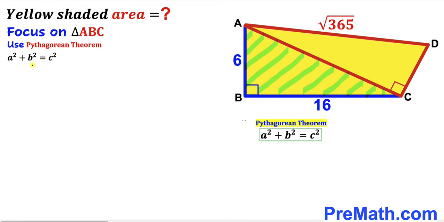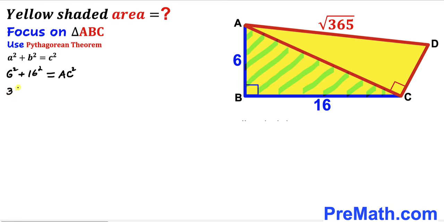So we get 6 square plus 16 square equals AC square. Simplifying, that gives us 36 plus 256 equals AC square. So AC square turns out to be 292.